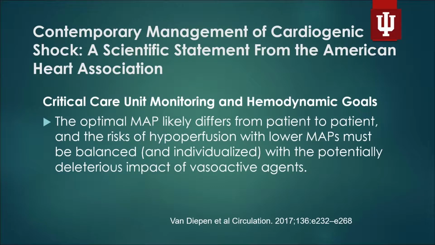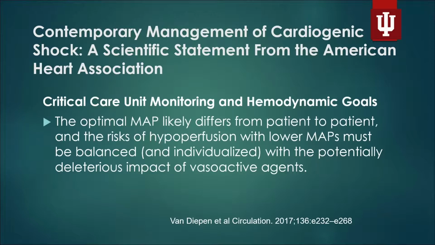So, preparing for this talk, I went to the scientific statement from the AHA, to the section entitled Critical Care Unit Monitoring and Hemodynamic Goals. And here is the only paragraph I found actually describing hemodynamic goals in management of cardiogenic shock.